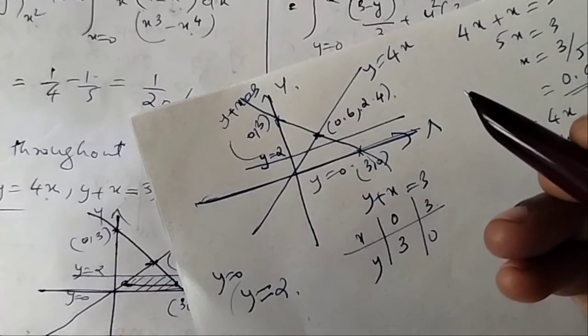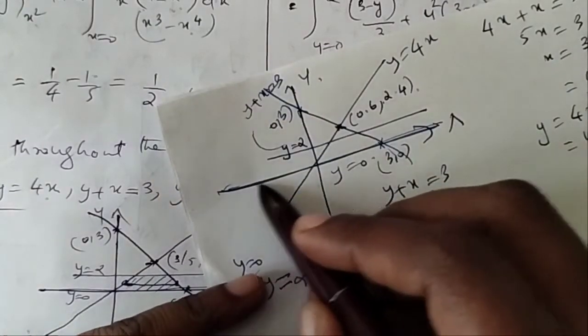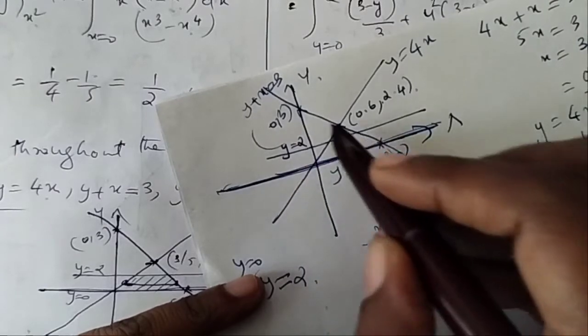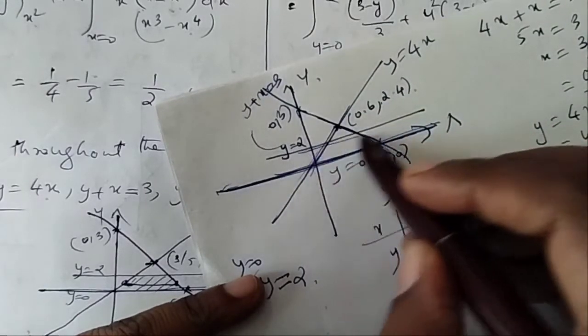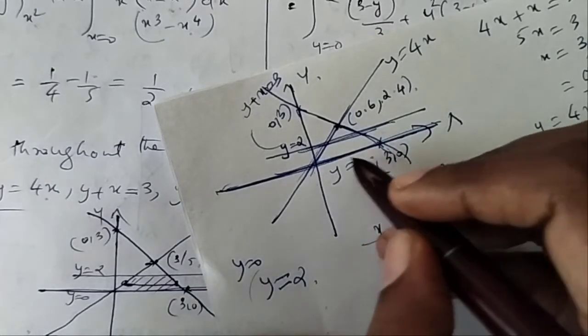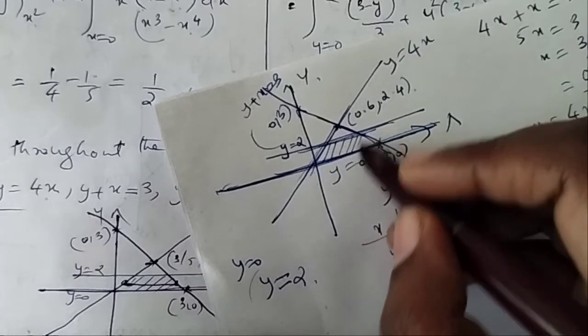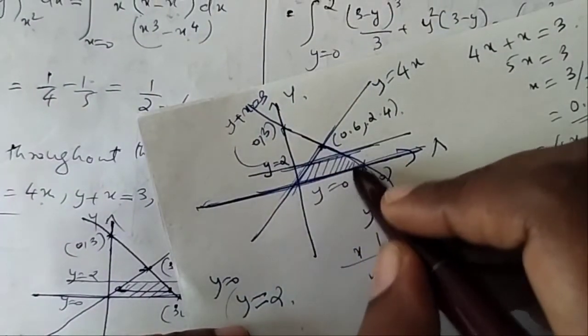So which is the region? The region is bounded by this line and the horizontal line also. So bounded by all the 4 equations, we get this one, parallelogram. Okay, not parallelogram, it's a trapezium.